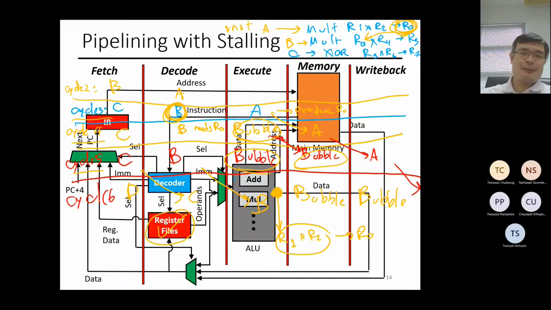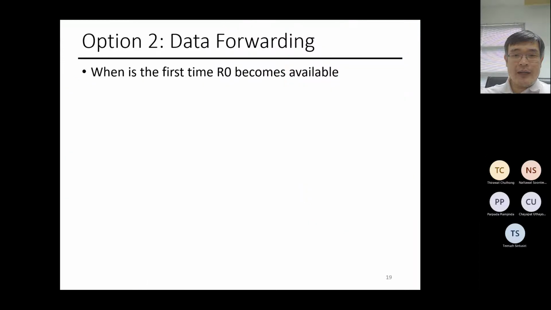So let me ask you this. If R0 becomes available in cycle 3, right out of the ALU, can I do something with that? Yes. I'll just feed it to the next instruction and say, hey, that's the updated value, take it. That's data forwarding.